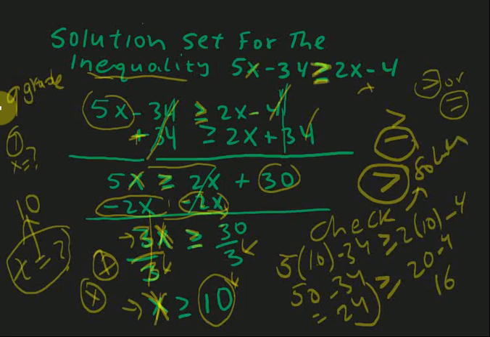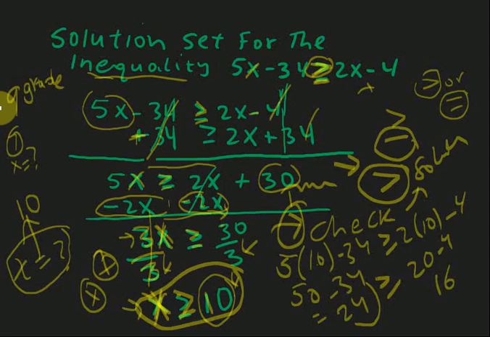So it says it's either one, but your job is just to say x is greater than or equal to 10. This is the final answer. This check is just to see the fact. Okay, so that's how it goes in 9th grade for the solution set of an inequality.